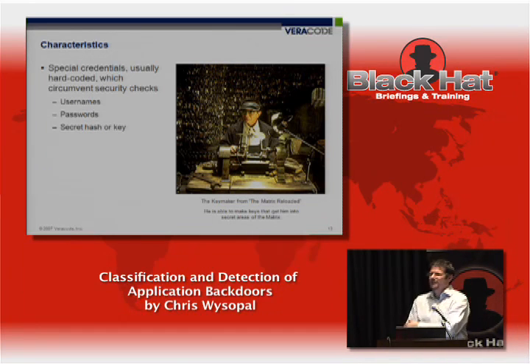It's a special username, password, or key that's embedded in the program, or sometimes it's computed off of some static value in the program or in the system. And that special credential allows you to bypass the normal authentication in the system. So this is like Jim talks about in the War Games reference. He just puts an extra password in.